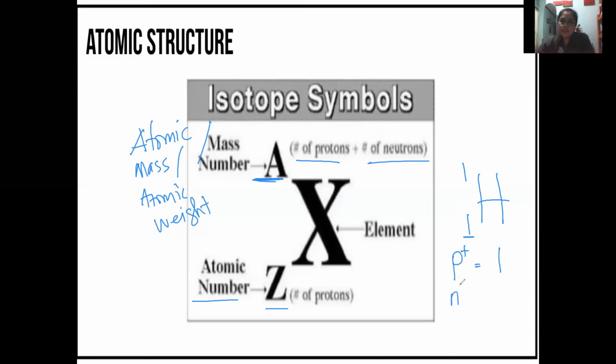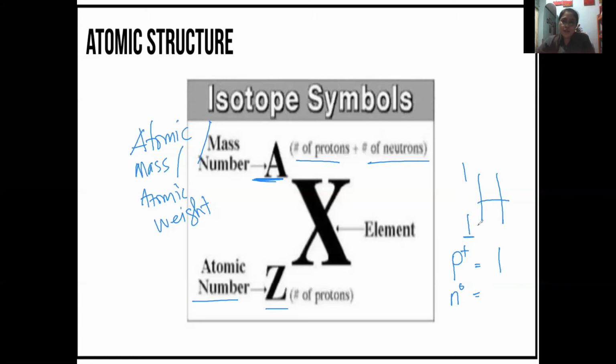Now, pag tinanong din kayo, how many neutrons are there in hydrogen? So, ganito yung gagawin nyo. To make our life easier, you just have to subtract the atomic number from the mass number.